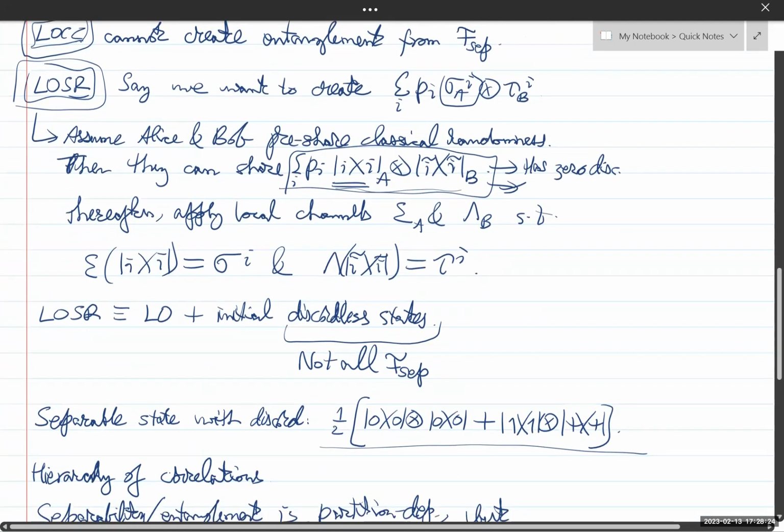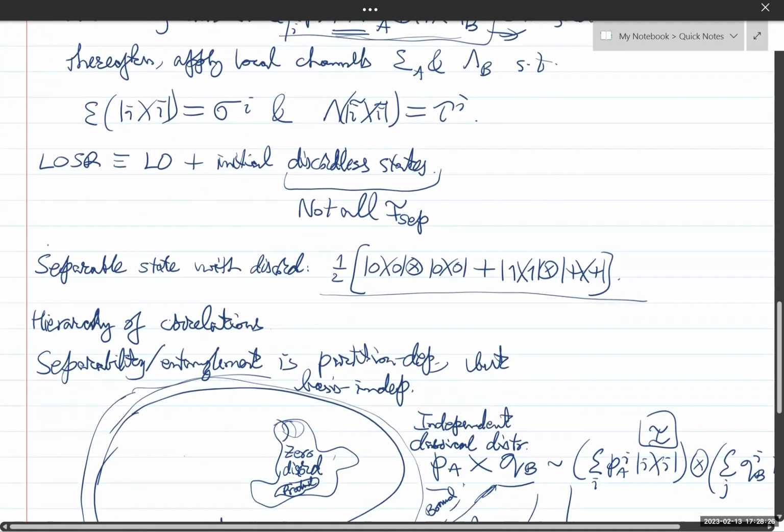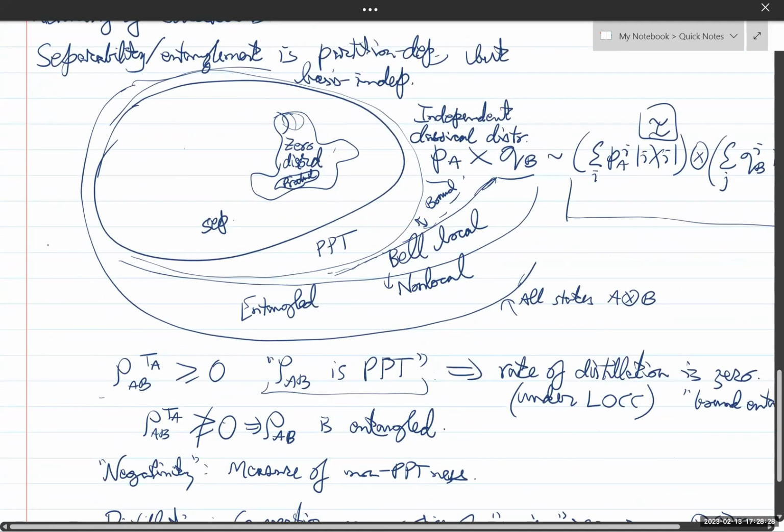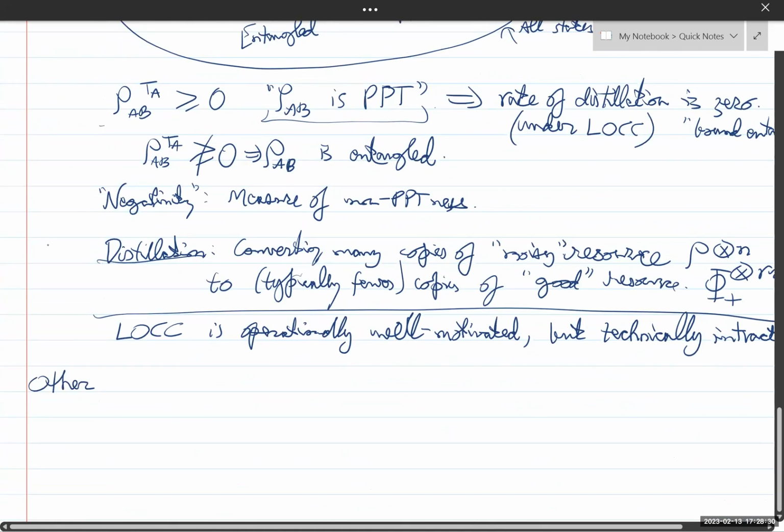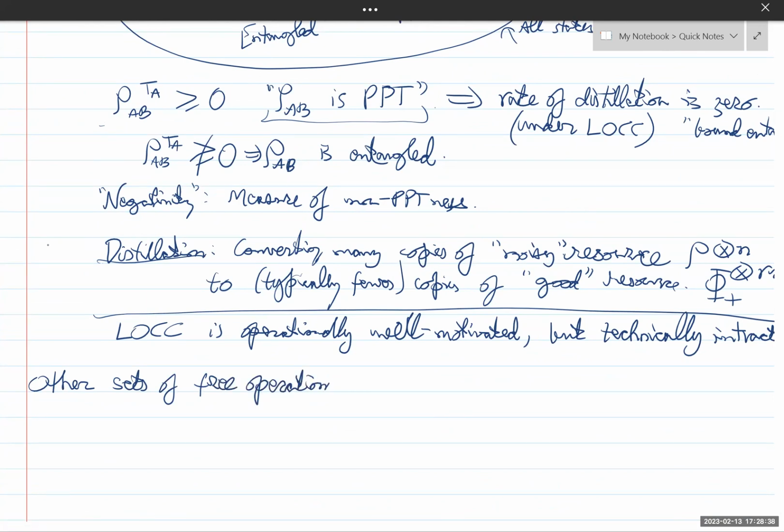So for this reason, there are other sets of free operations that are still free in the sense that they map separable states to separable states, right?